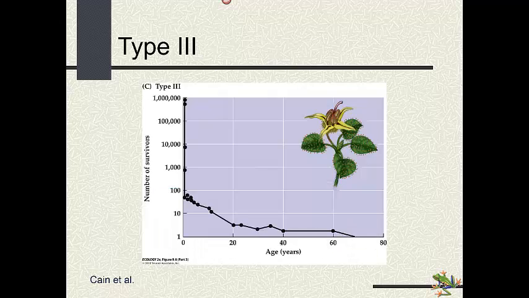Here is the curve called type 3. You see the logarithmic scale on the y-axis, and you see that a lot are born. This corresponds to R selection, but you also see that they are ill-equipped to survive, and most of them die within the first few moments or in a very short time.